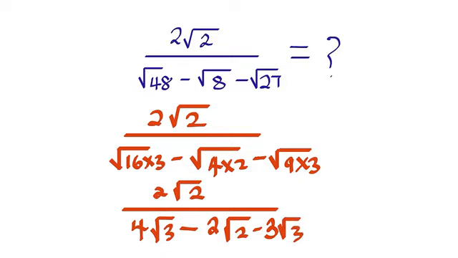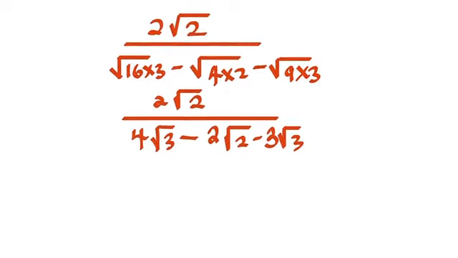So now moving on, we continue from there. Looking at this, we can see that here we have 2 root 2 divided by 4 root 3, and we have 3 root 3 here.